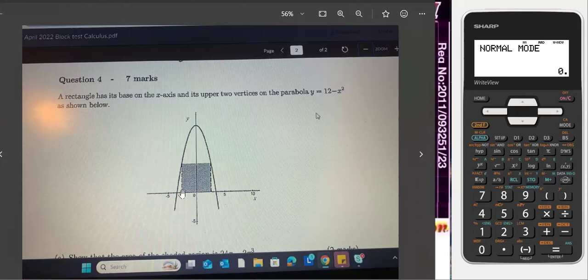But now the base, because the box is symmetrical, the base is 2x. So I'm basically taking length times breadth, meaning 12 minus x squared times twice x. That's the formula for the area. So it is in terms of that one. I don't know if we are good on that one.